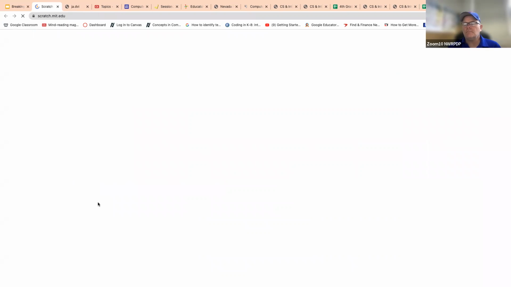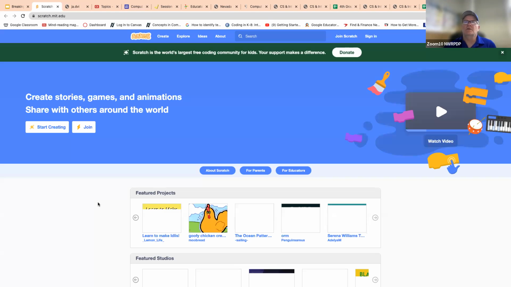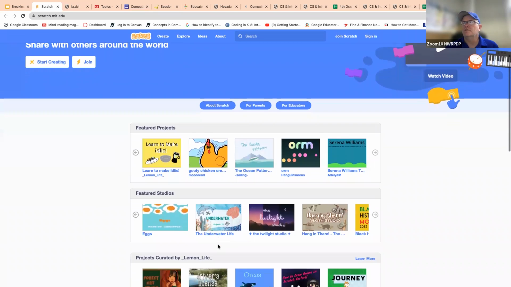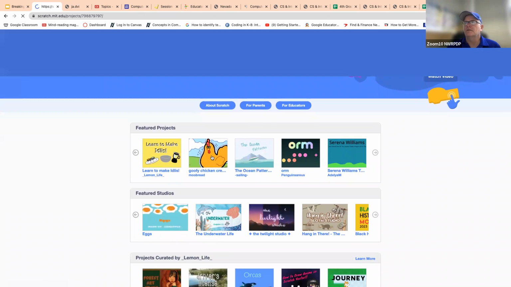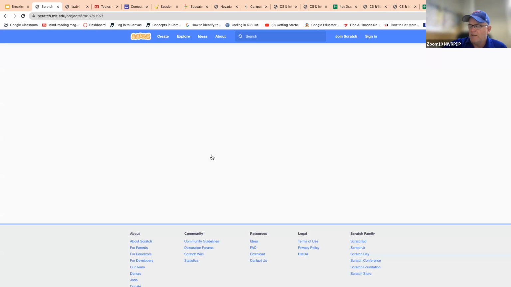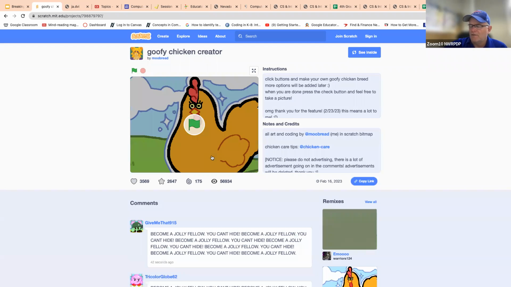Scratch. Many of you probably know it, but if you don't, Scratch is a great tool for block coding. When we say block coding, we're talking about where kids drag and drop blocks that do different things. I believe the young man, is it Mason or Tyson? I can't remember his name in the video.